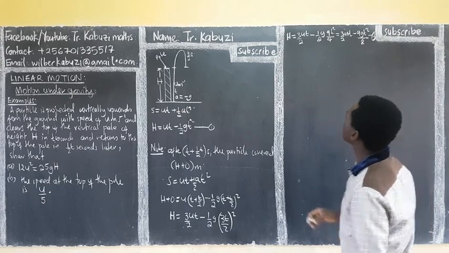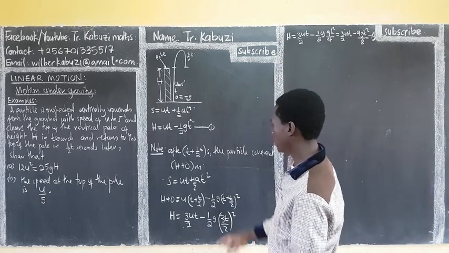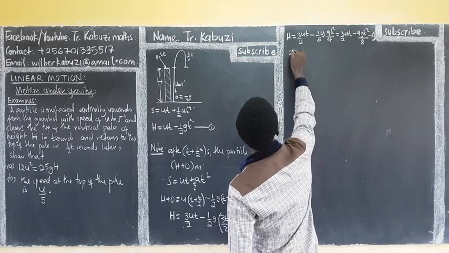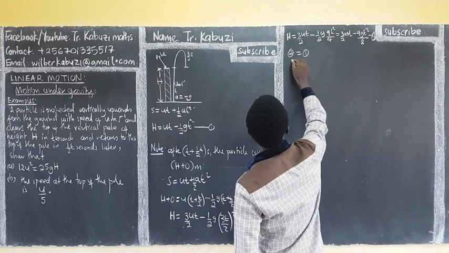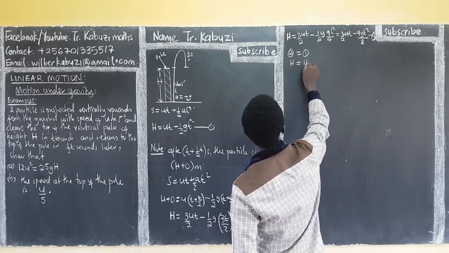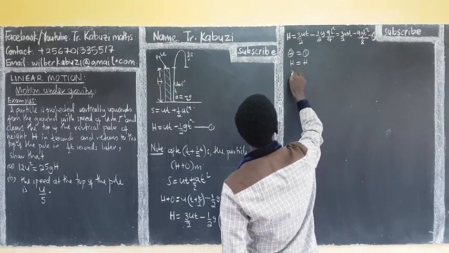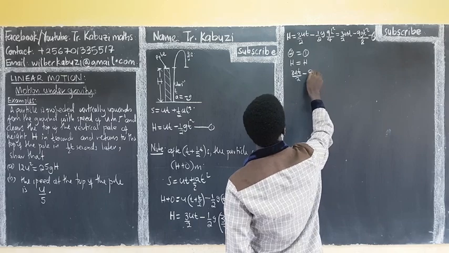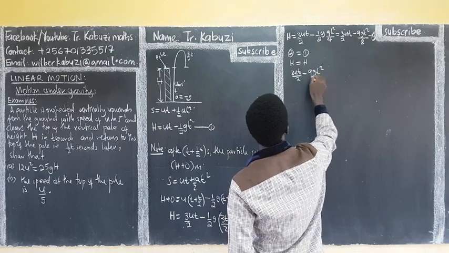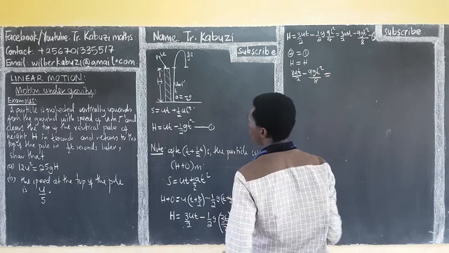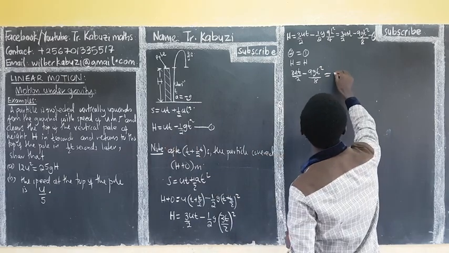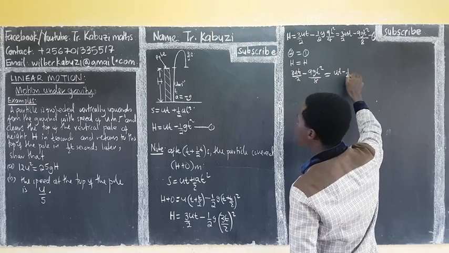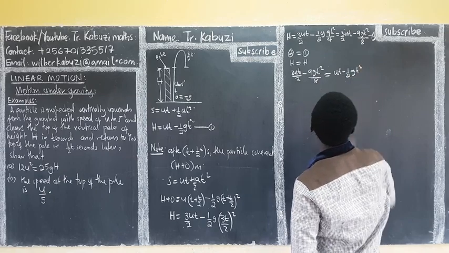So now you know that equation 2 is equal to equation 1. So h is equal to h. The h here, we have 3ut over 2 minus 9g t squared over 8 equal to the first one, which is ut minus a half g t squared.